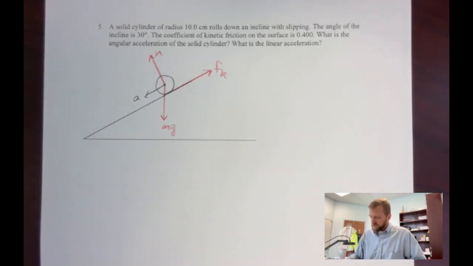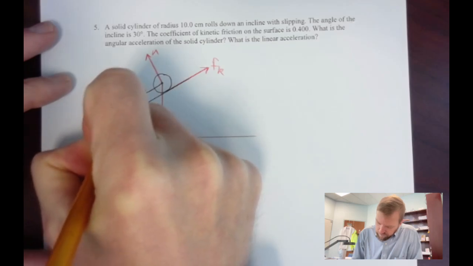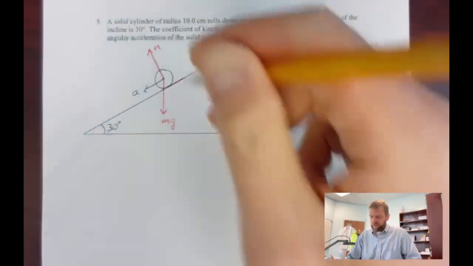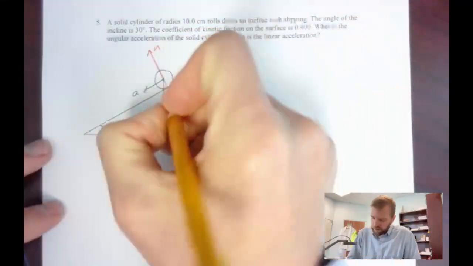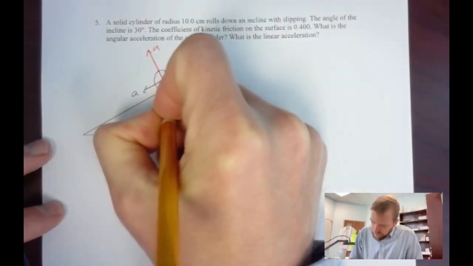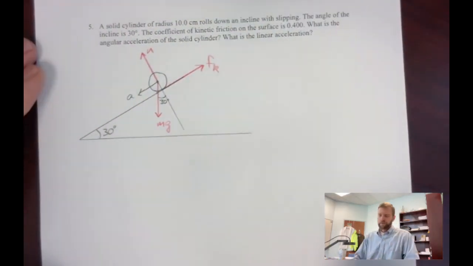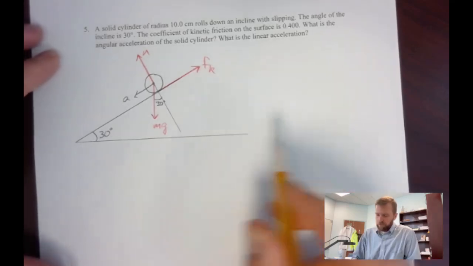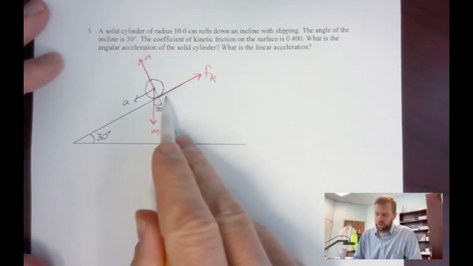And this angle is 30 degrees, which means this angle is also 30 degrees. Okay, so there's only one force that's applying a torque, and that is the kinetic friction.